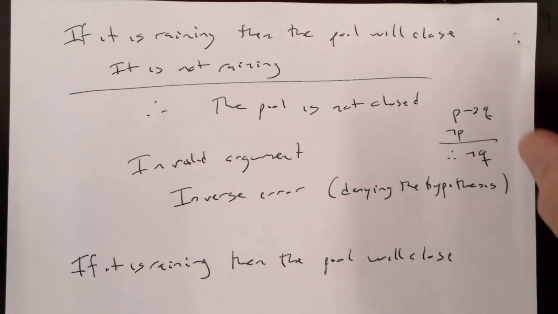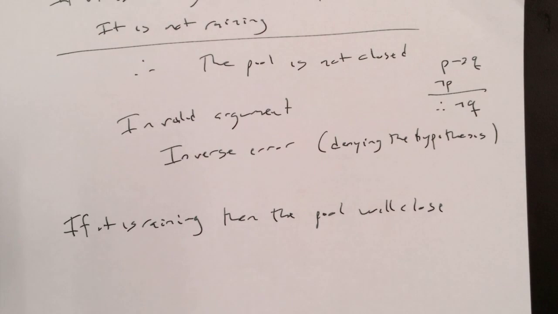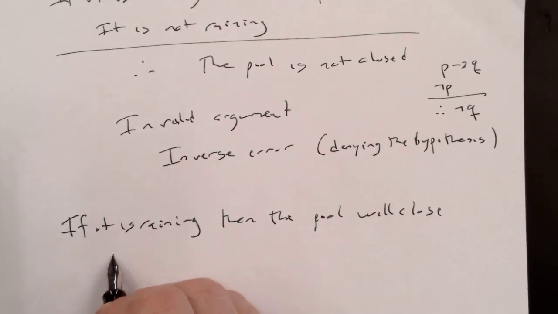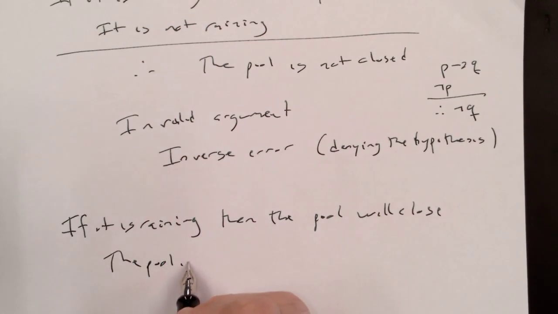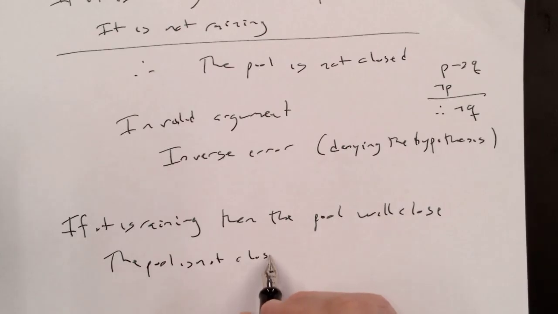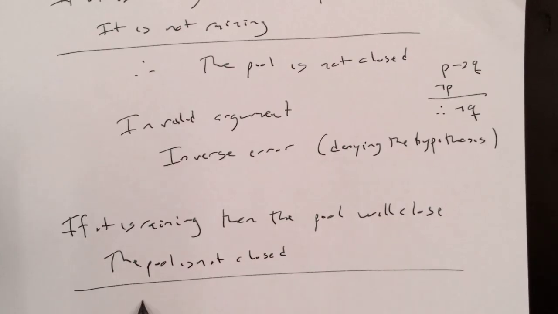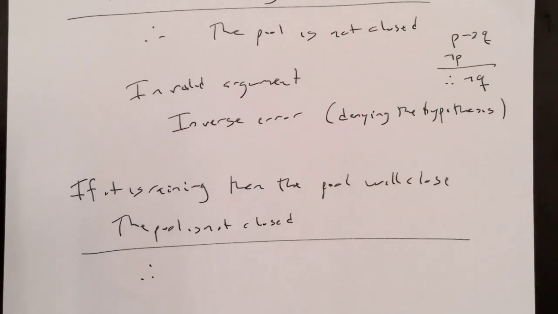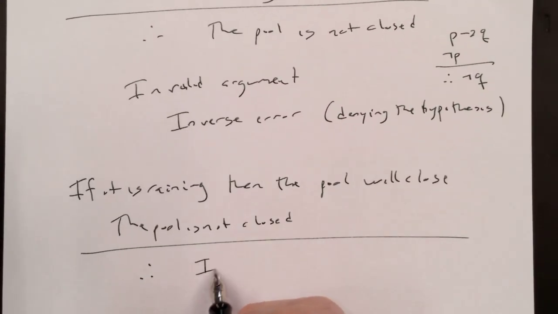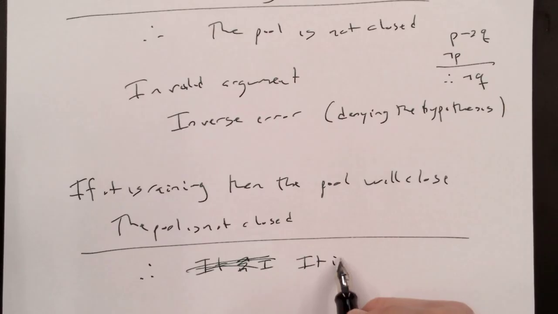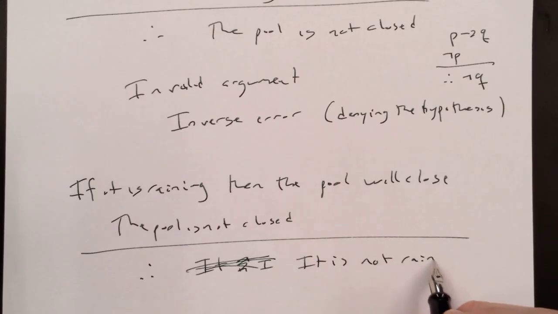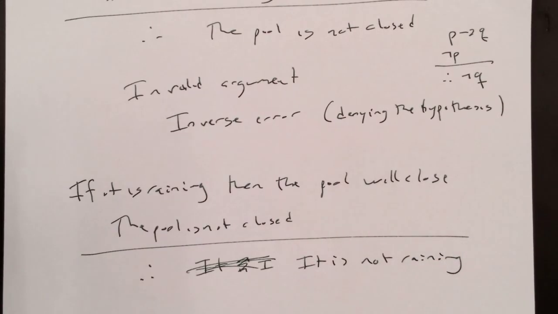If that's my P arrow Q, the negation of Q should result in a conclusion that says the negation of P. If it's raining, then the pool will close.